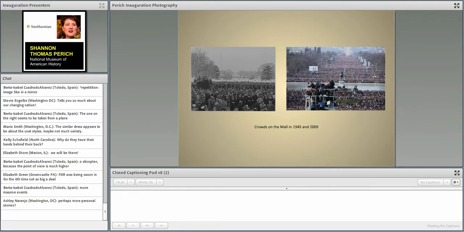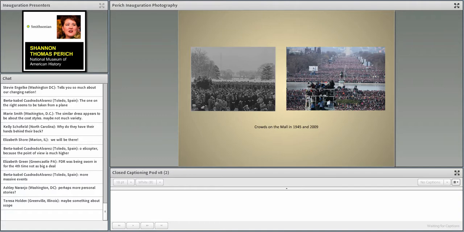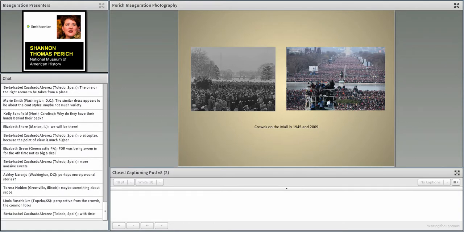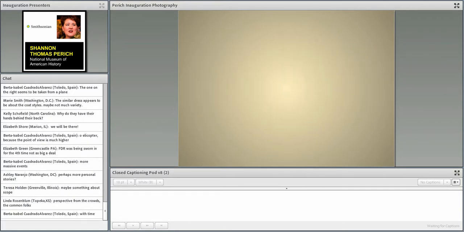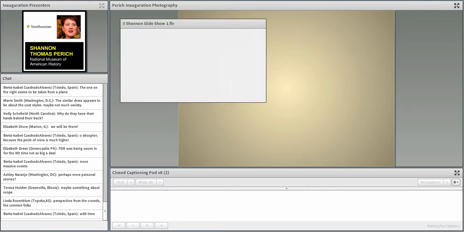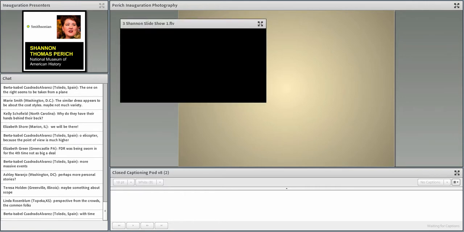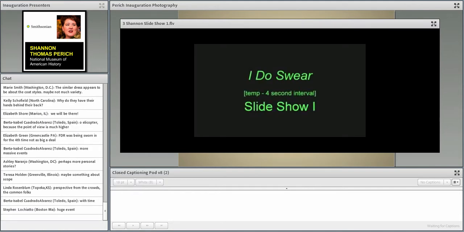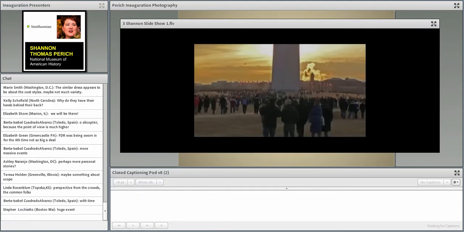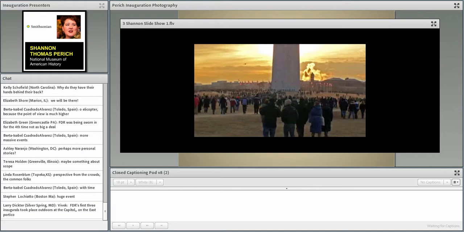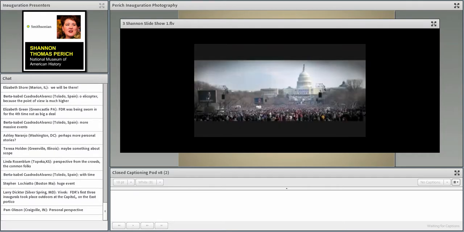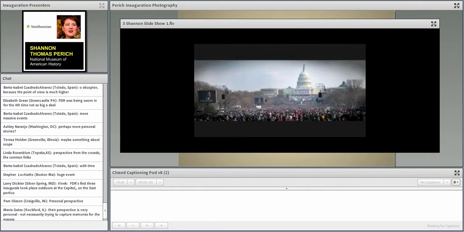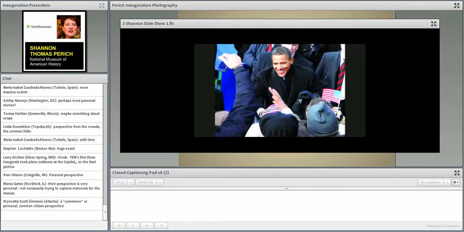So the second slideshow that we're going to see, both of these are short because they were put into the exhibition in 2009, so I just pulled them out of that. These are all photographs that were made by amateurs. The folks who organized the official Obama inaugural book wanted to include the work of participants and amateur photographers into the book.